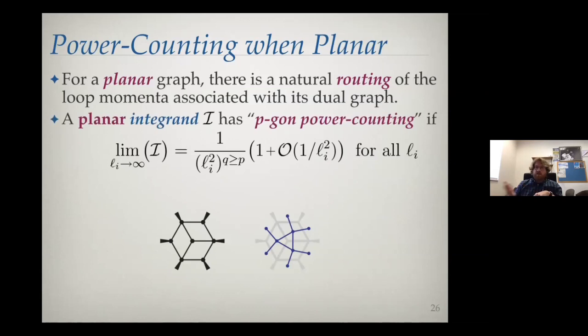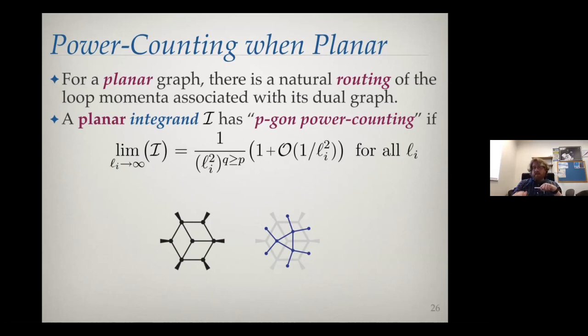An integrand has p-gon power counting if, as any L goes off to infinity, it scales like a p-gon or better at infinity. So it has p net propagators as L goes off to infinity. And this is a perfectly valid and very useful definition, and it is easy to see dual conformal symmetry or other aspects of special cases of p-gon power counting.